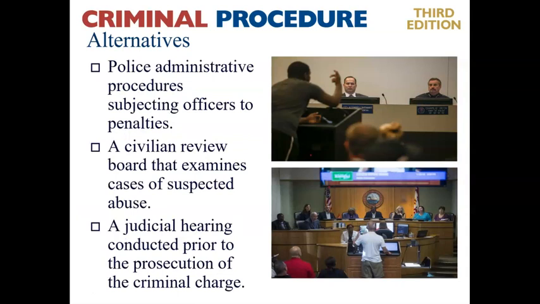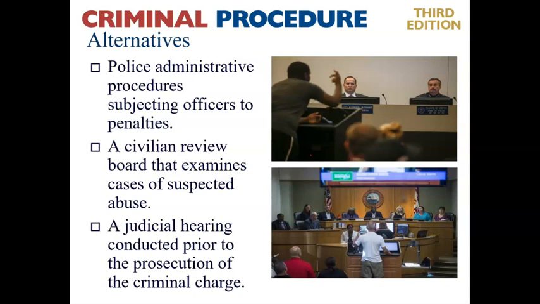The next one would be police administrative procedures. Maybe subjecting officers to penalties that include things like demotions or fines or suspensions or termination of employment. Maybe a civilian review board that examines cases of suspected abuse.